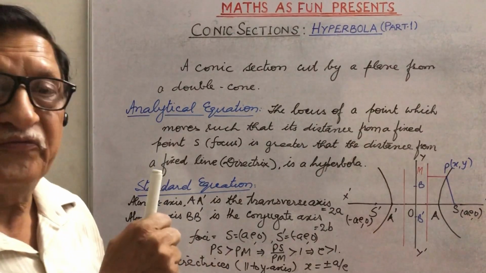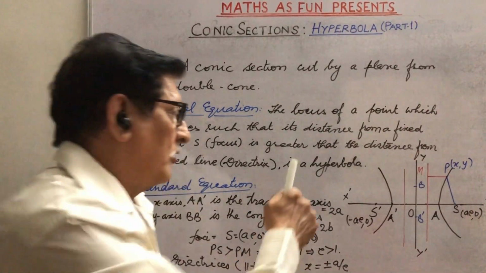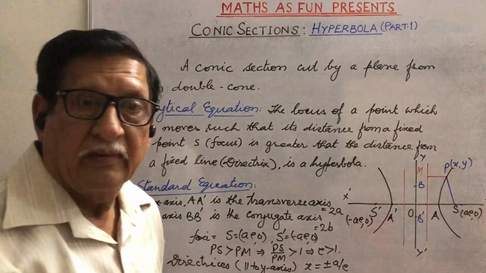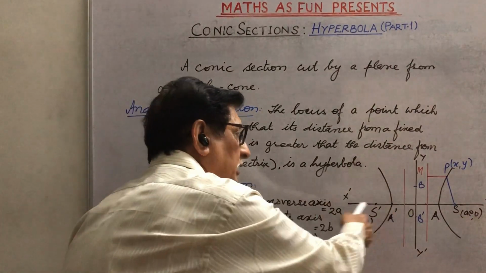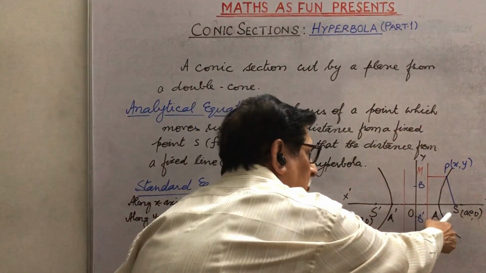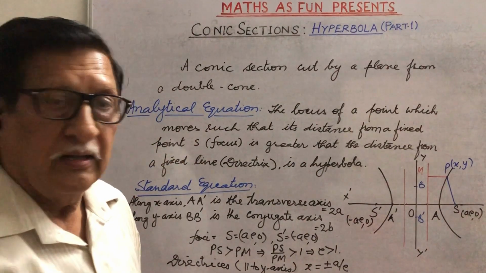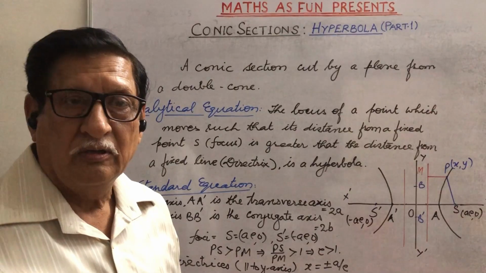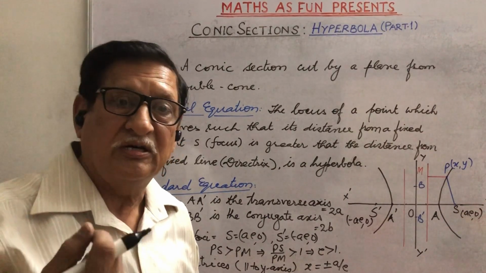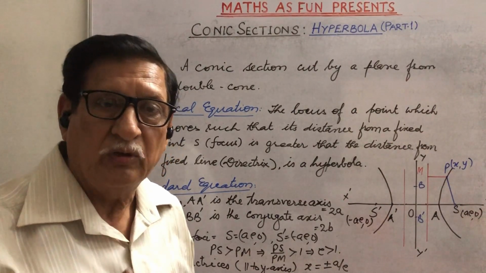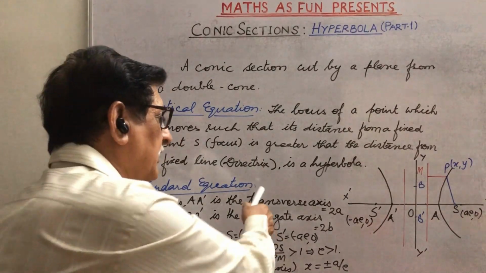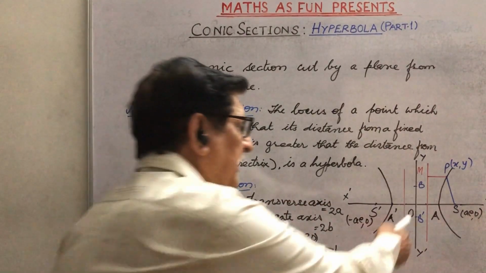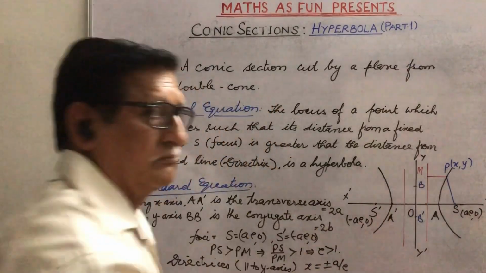There are two foci of it. They are on the x-axis. And we find that the foci are S, having the coordinates (ae, 0), and S dash, which is (minus ae, 0), where we know that e is the eccentricity of the hyperbola. Now we see from the analytical definition that PS is greater than PM.